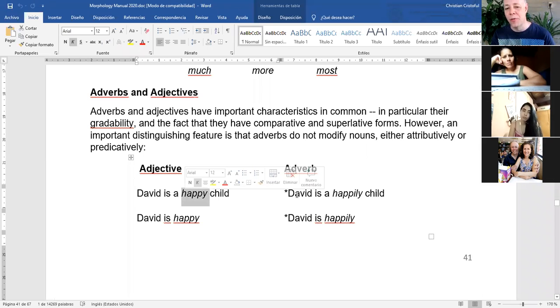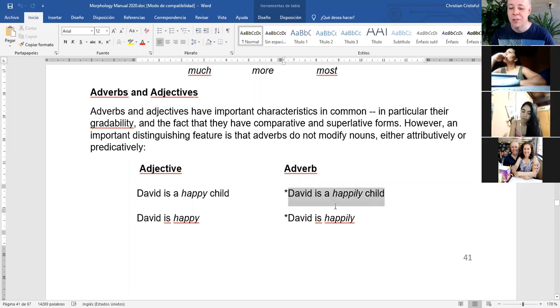No, because this is the proof. The adverbial form of happy is happily, and you cannot substitute happily here. So definitely this word is an adjective, not an adverb.